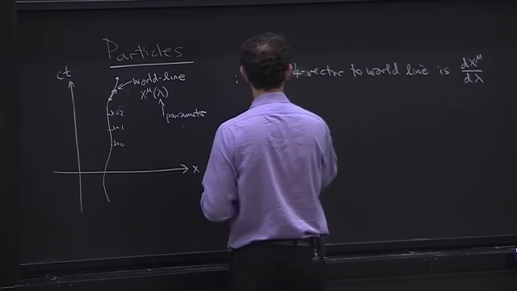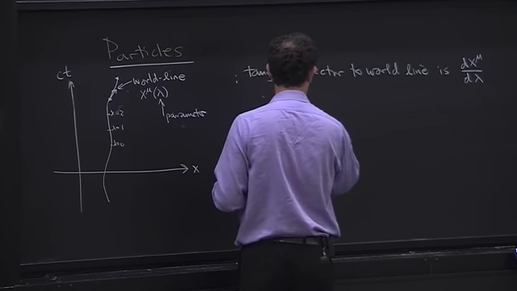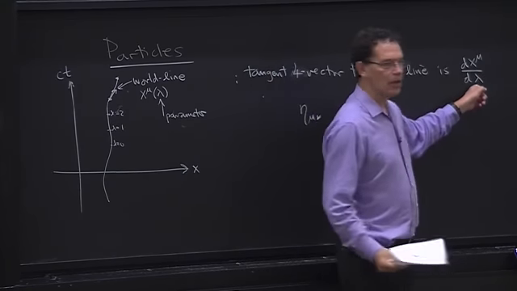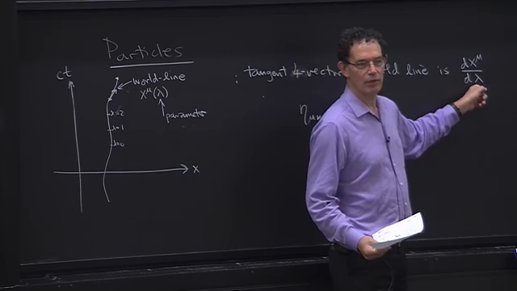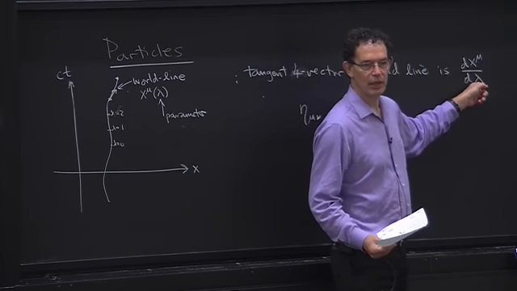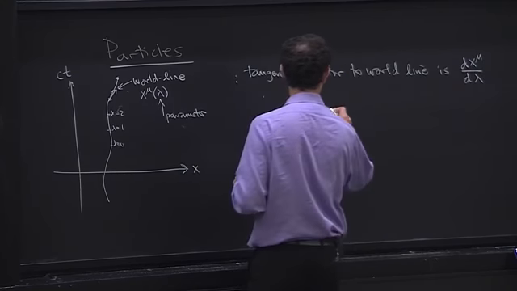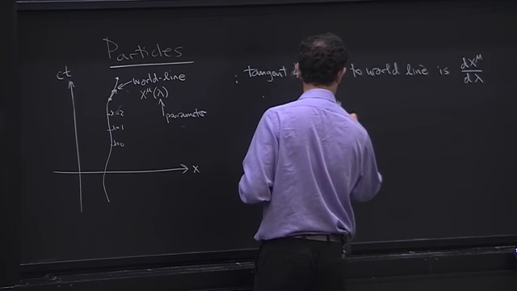Some terminology: having this 4-vector, we don't really care about the size of this 4-vector because λ was arbitrary anyway. But we do care about various properties like this.